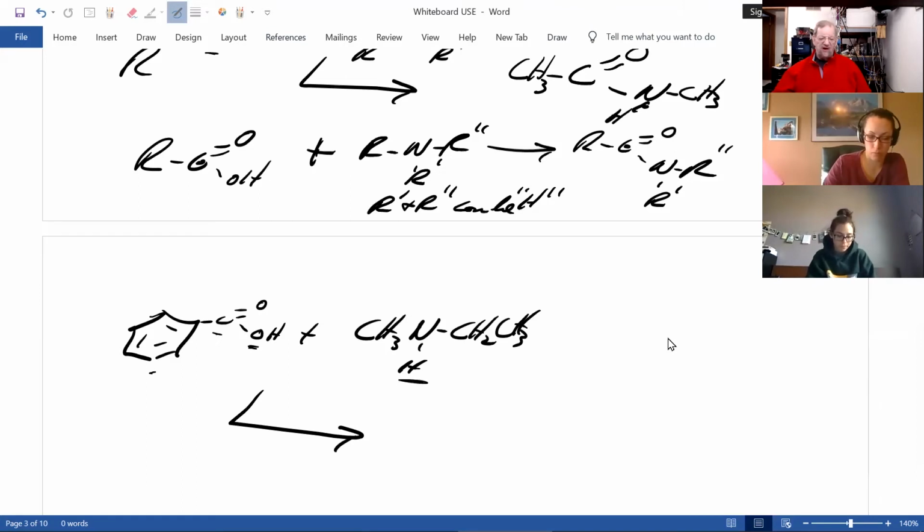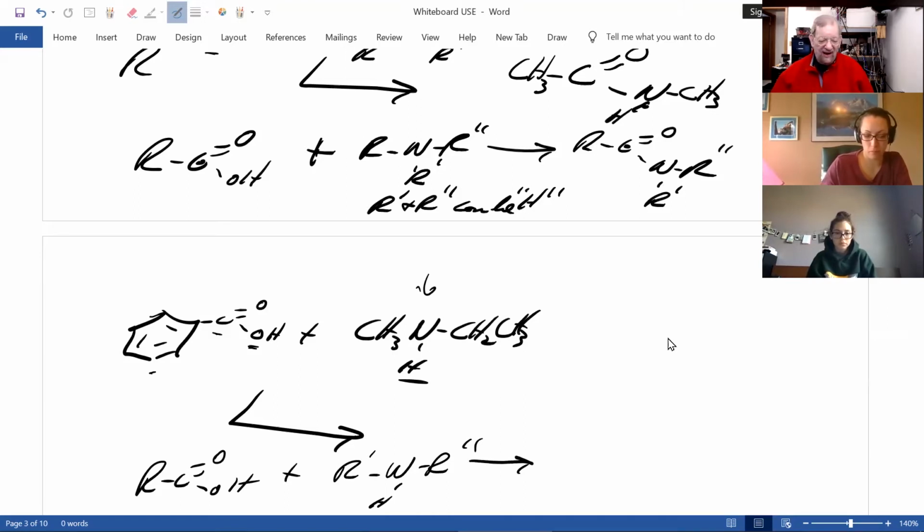And the answer is no. So it's really just a carboxylic acid. Ooh, we've got a nitrogen, and it's got a hydrogen and 2 R groups, R prime and R double prime. React them together, and you'll form an amide.